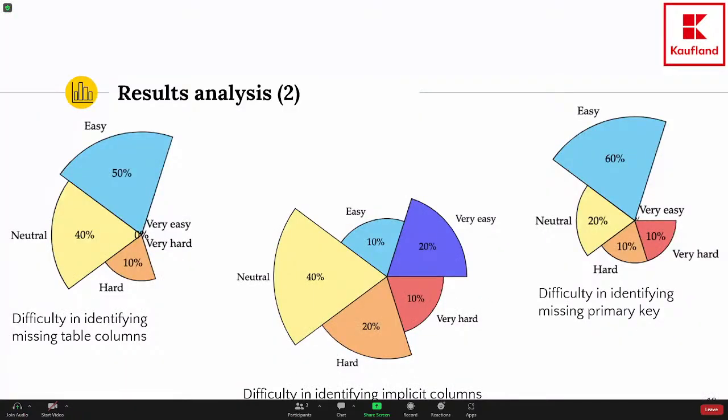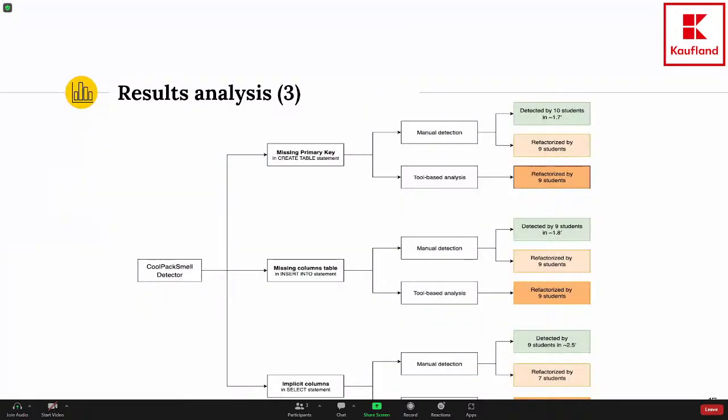We can observe that most of them found it easy to detect each SQL code smell, but however, not all of them identified them.